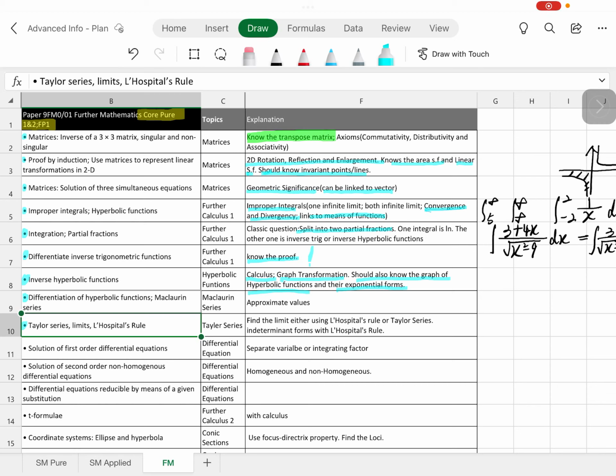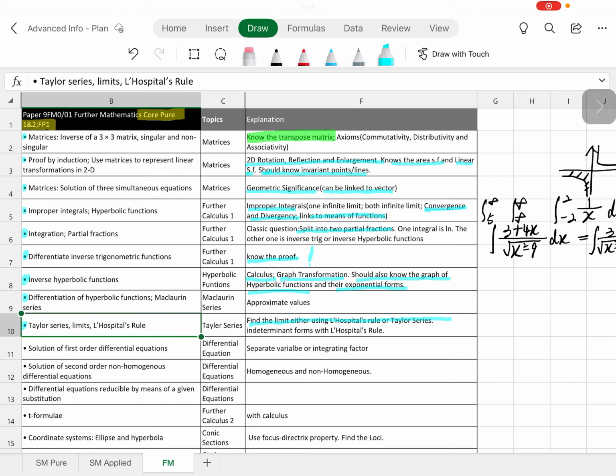So this one would ask you to find the limit either using L'Hopital's rule or Taylor series. And you should know that for L'Hopital's rule, there are only two forms, either 0 over 0 or infinity over infinity.